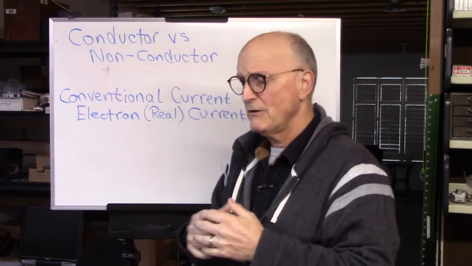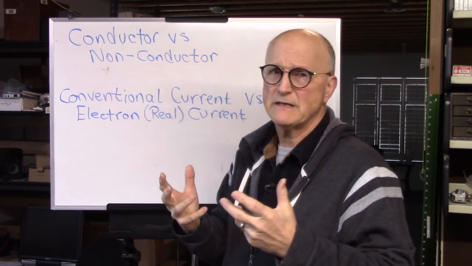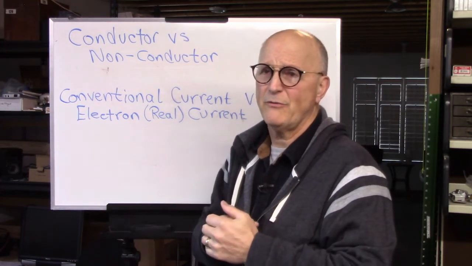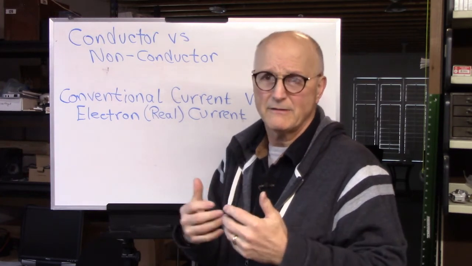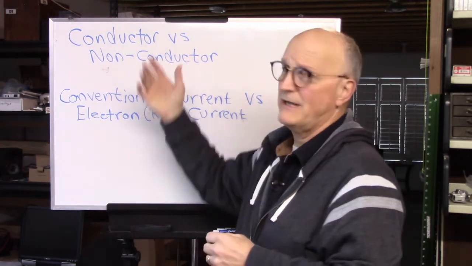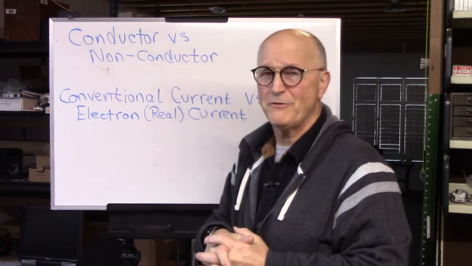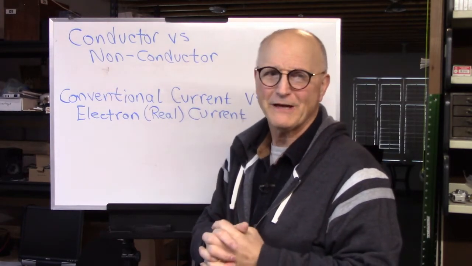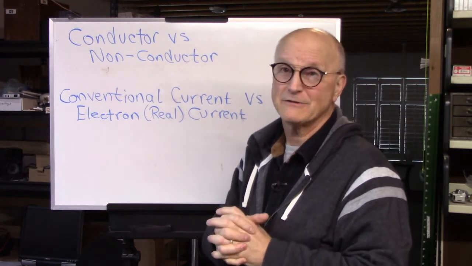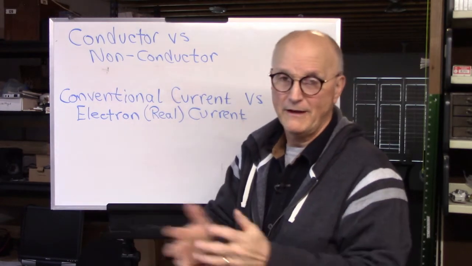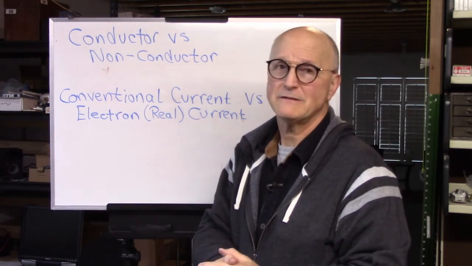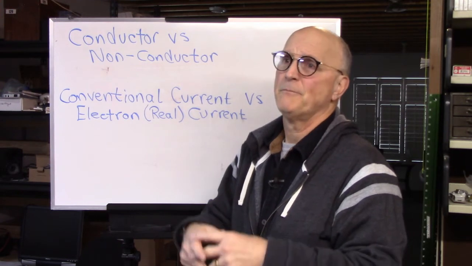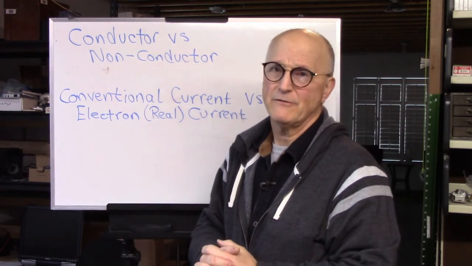Those materials that hang on to their electrons really well are the insulators, and those that are more generous with their electrons are the conductors. And the more mobile the electrons are in the material, the better the conductor is.